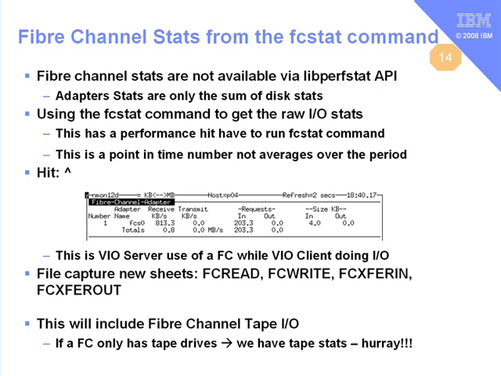They don't mix the traffic to these two different sorts of device. And so we can actually see what the tape drives are running. And this is something that we've been looking for a long time in performance monitoring, actually finding out what our backup or recovery rates are from our Fibre channel tape drives.